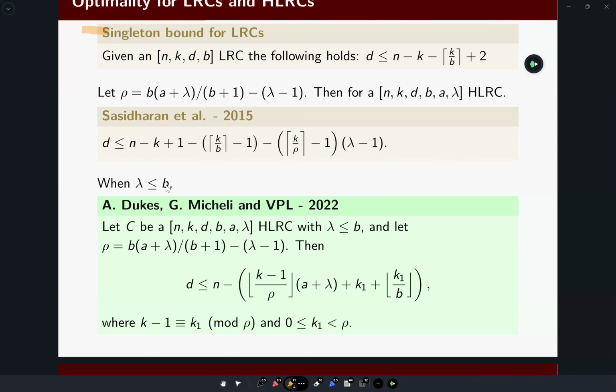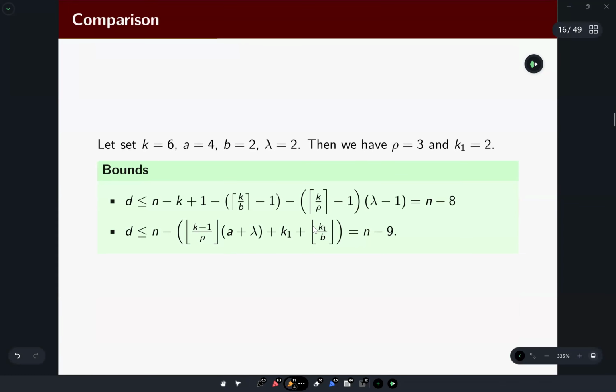We prove a better bound for hierarchical locally recoverable codes, and we were able to show by comparison that our new bound was better than the previous one for an infinite set of parameters. So that's a very interesting thing. But what is even more interesting is, can we find a family of codes such that they attain the new given bound?